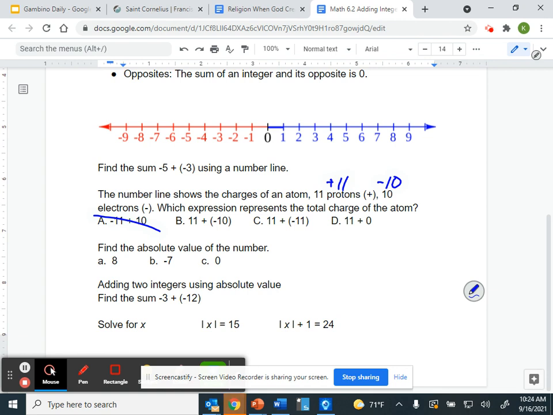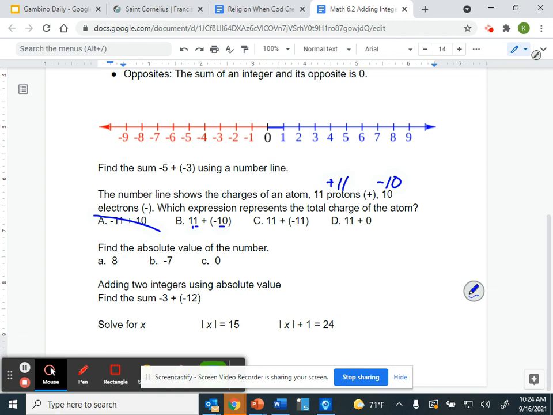This one has a +11 plus a -10. Maybe. I'm going to check to see if there's a better answer. But I see a +11, and I see a -10, and I see we're adding it because we want to know the total charge. And if we're looking for the total, we know that totaling things means we're adding. So that's a possibility.